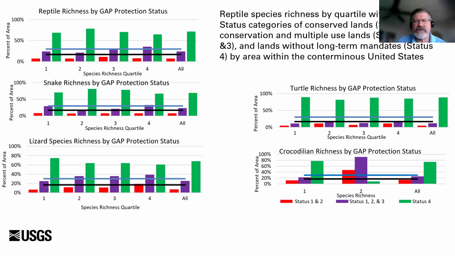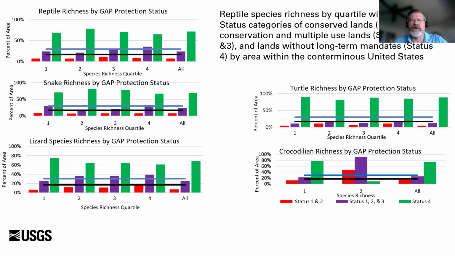So in this case, the red is the conservation land, that status 1 and 2. And you can see in most of these charts, that doesn't meet that black or blue line. And these are all in quartiles. So a quarter of the species are in each one of these, except for the crocs. There's only 2 species in the CONUS.